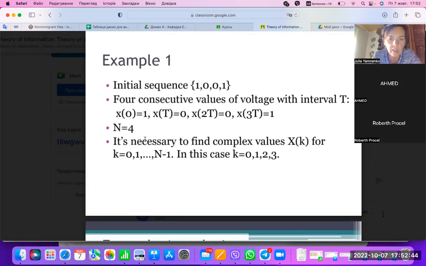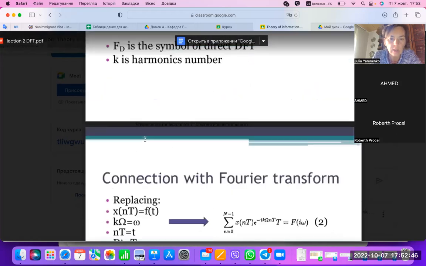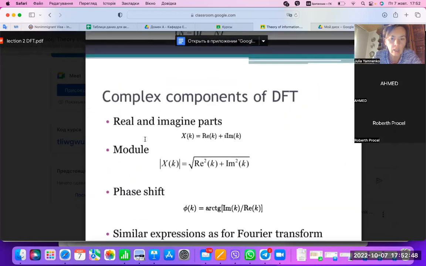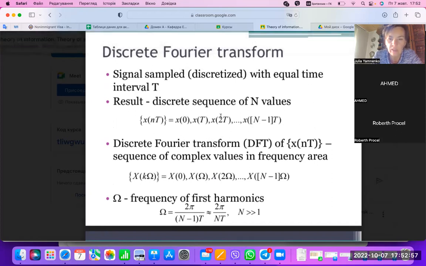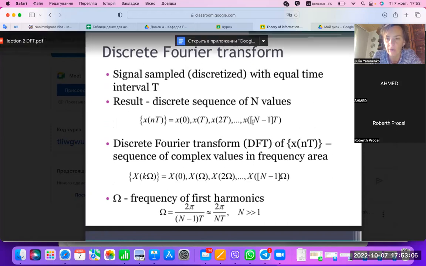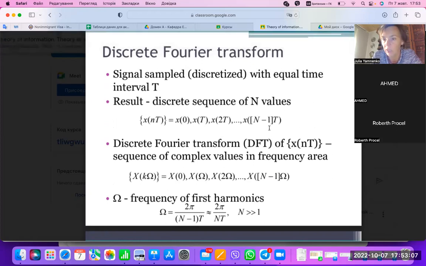Small n is, just a minute, where is it? I will find it here. So our original signal, yes? Here there is a digit, this capital N, you see? But in counting, we start counting from 0. That's why the last number is N minus 1. Understand, yes?